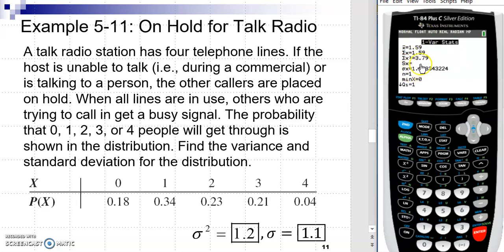Now what we're going to be receiving is the standard deviation, this 1.1. To find that variance that they have on the slide there of 1.2, we'd have to take 1.123343224 and square it. And when you square that, you're going to get 1.2 rounded to the nearest tenth.